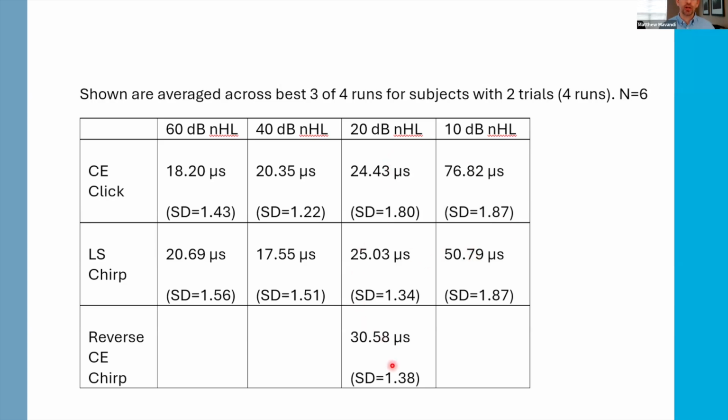And then we also did a 20 dB reverse chirp. Like we hypothesized, they did the worst on this task. They did better with the click and the LS chirp, the level specific chirp, and they did the worst with the reverse chirp, which was flipped backwards and presented the sound from high to low frequency.